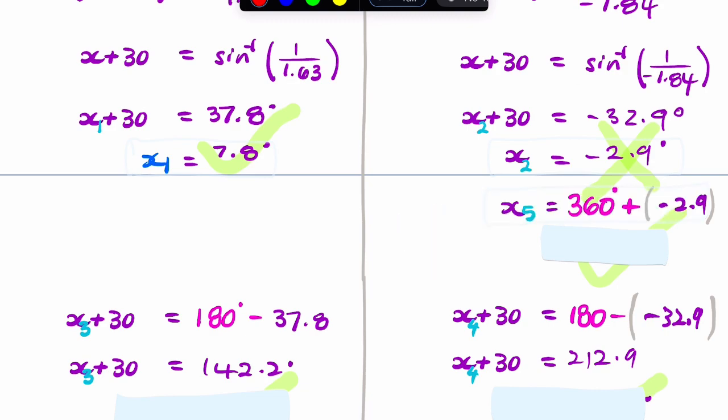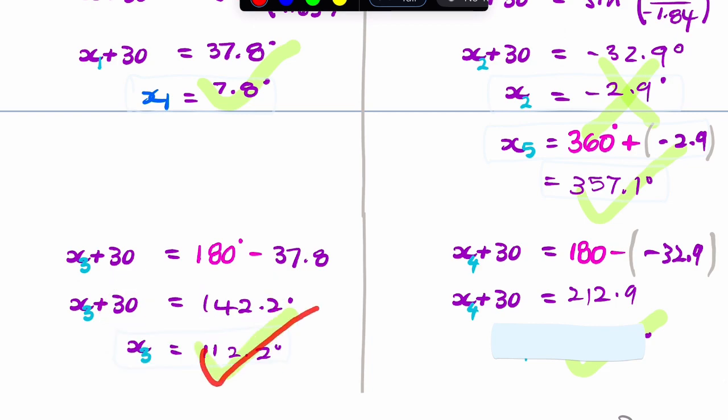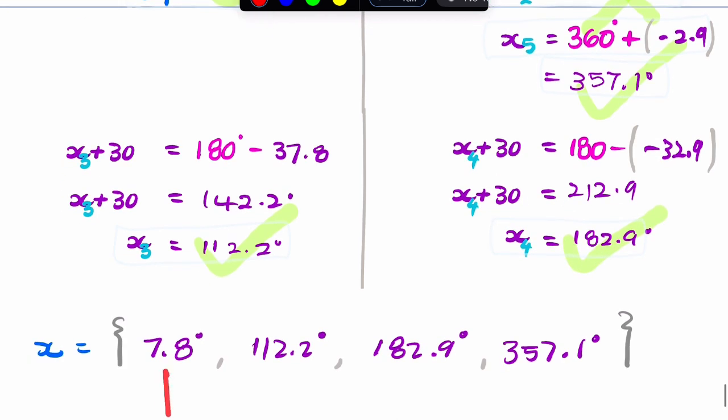You're allowed to add 360 to bring it within the range. So that now is okay. Subtract 30 from 142, that's within your range, and subtract 30 from 212, and that's within your range. So now you have your four solutions, 1, 2, 3, 4.